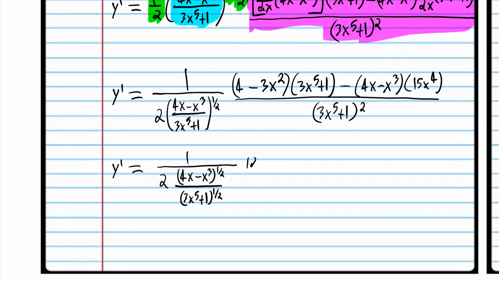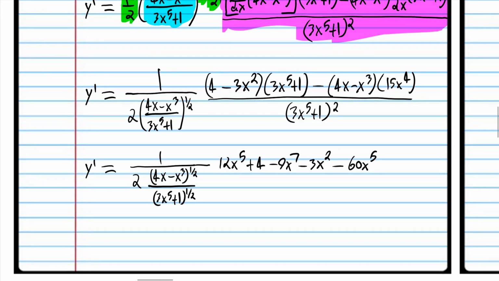So we have 12x to the fifth plus 4 minus 9x to the seventh minus 3x squared minus 60x to the fifth and then plus, actually I'm gonna keep the parentheses there, 60x to the fifth minus 15x to the seventh.